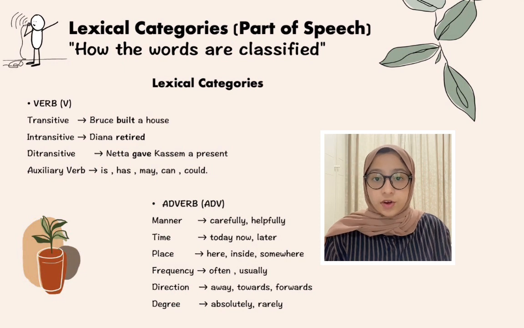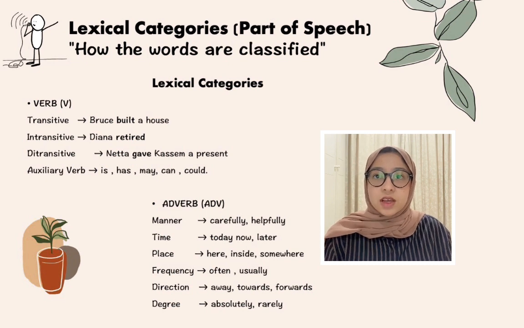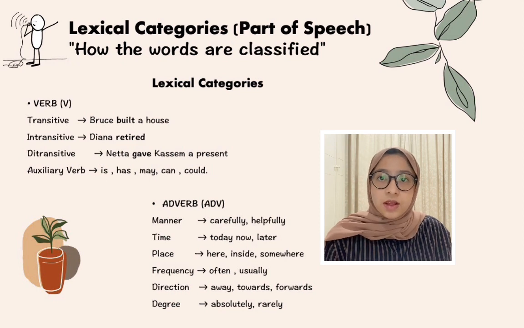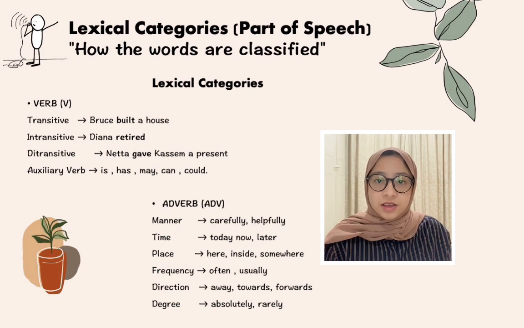Next is adverbs. Adverbs modify verbs, adjectives, or other adverbs. Like adjectives, certain adverbs can have positive, comparative, and superlative degrees. Adverb has 6 subtypes. First, manner adverb, for example carefully, helpfully, noisily, and well. And then time adverb, for example today, tomorrow, yesterday, soon, now, and later.